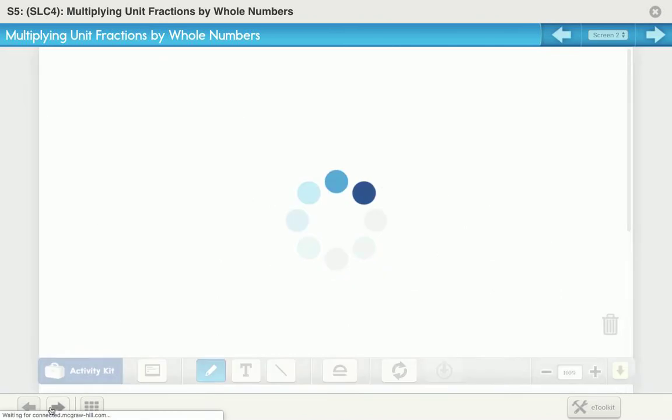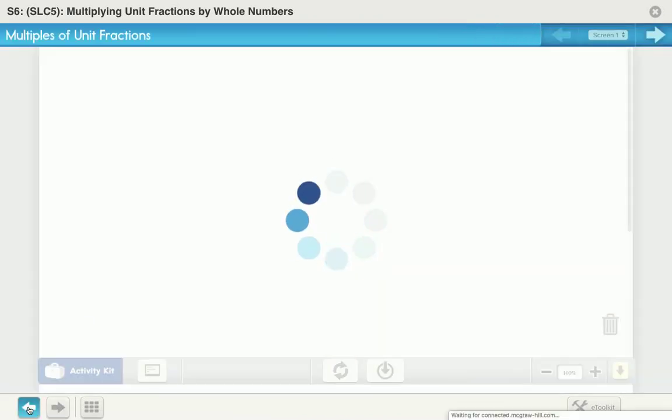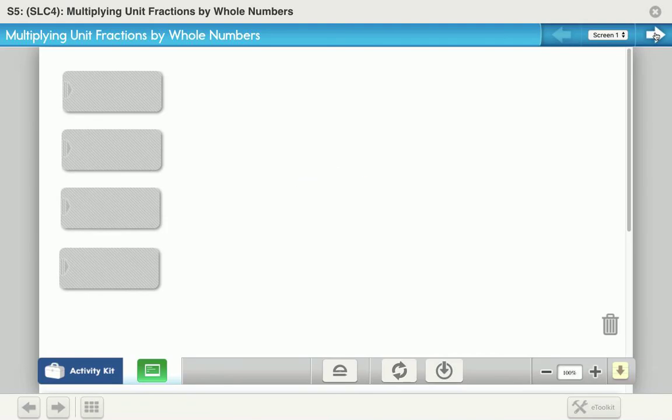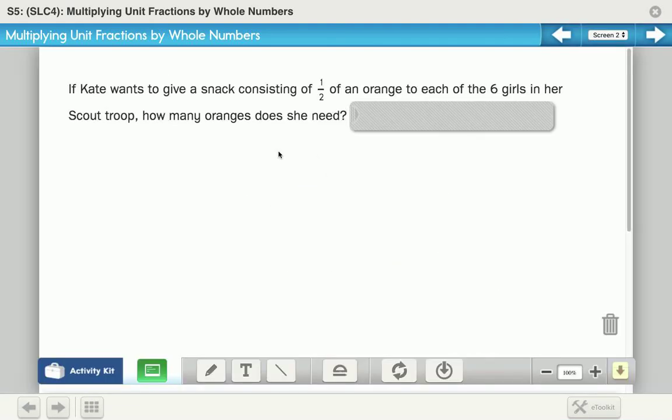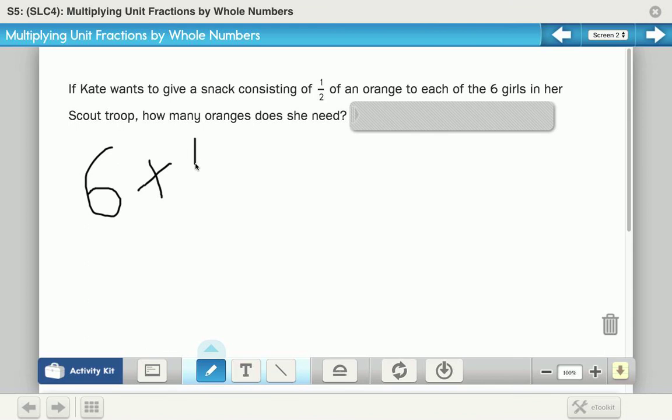All right, so if we have this problem right here, if Kate wants to give a snack consisting of half of an orange to each of the 6 girls in her scout troop, how many oranges does she need? So what problem would we write to figure out that problem? We would have 6 groups of, which is times, and they're each getting half of an orange.